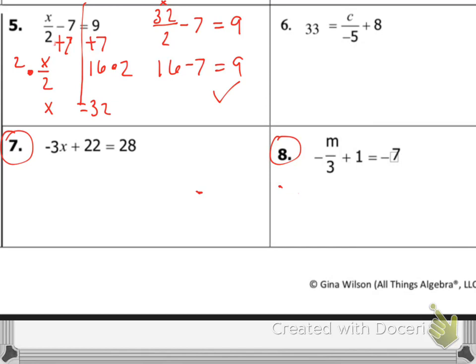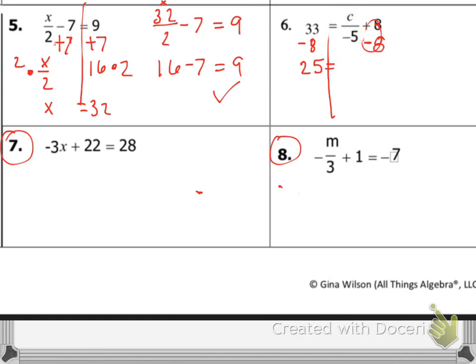Okay. Last one. We're going to put a card over our variable and whatever is happening to our variable. We are going to subtract 8 from each side. Remember the little mirror. That zeroes out. We have 33 minus 8 is 25 equals, take your note card off.